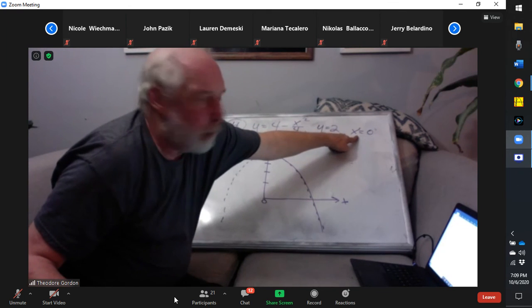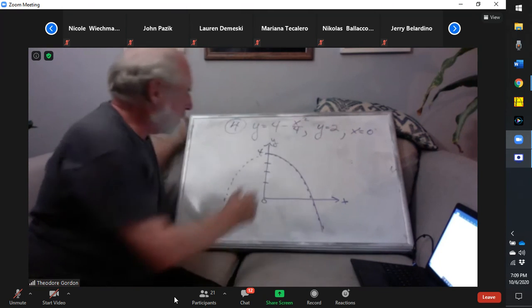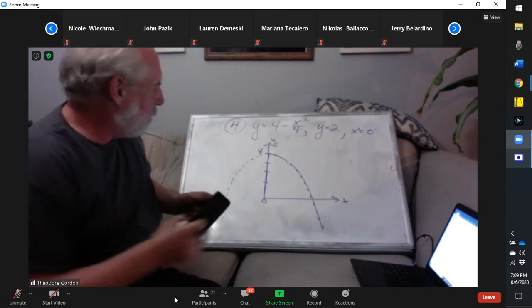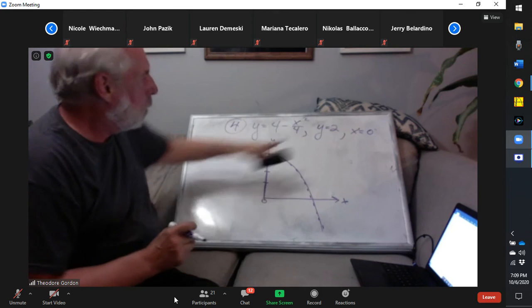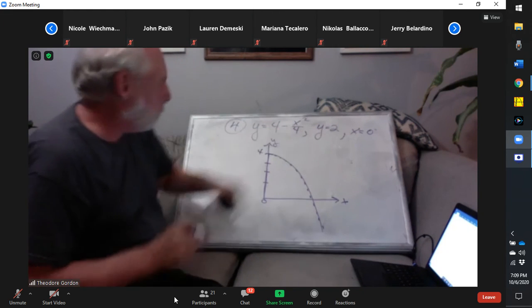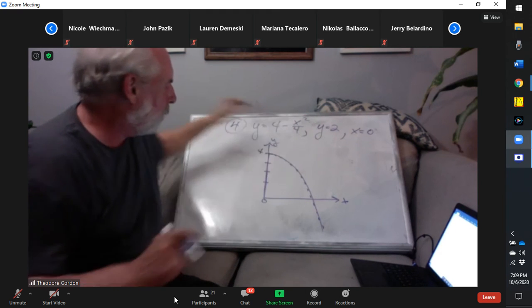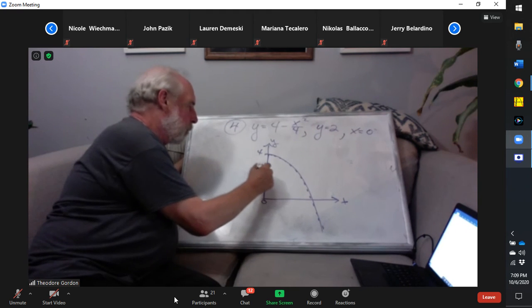X equals 0, that's the y-axis. So in this problem, I know I don't need this over here because I have the y-axis, the function, and the other part of this is y equals 2, which is right here.